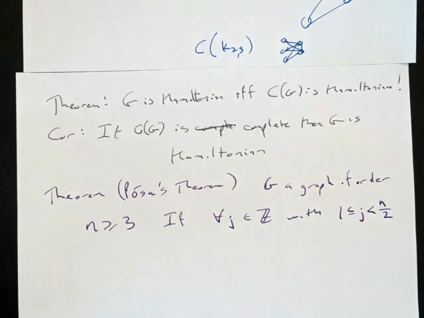I want to count the vertices whose degree is smaller than half the order.